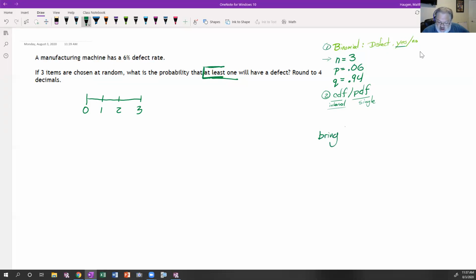Bring less than $10. Bring more than $10. Bring at least $10. Bring at most $10.